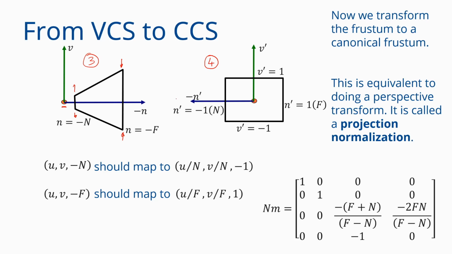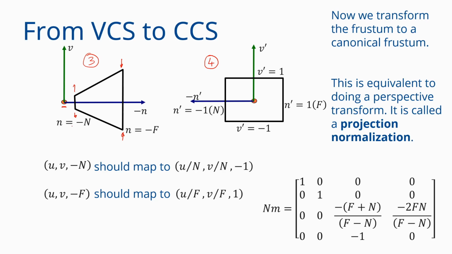After you have applied the perspective transform, the near plane will go to n equal to -1, the far plane will go to n equal to +1. So not only has the far plane been squished, it has moved to the other side of the origin. And the u and v planes, the side planes which were at ±n, will now go to ±1.